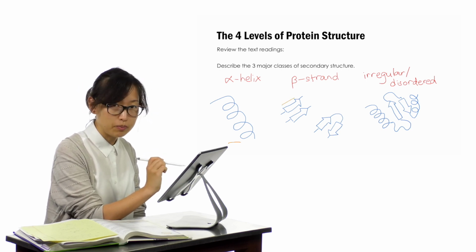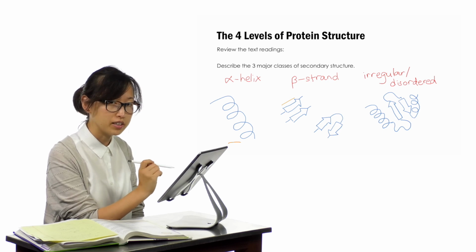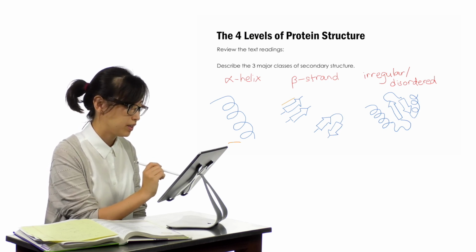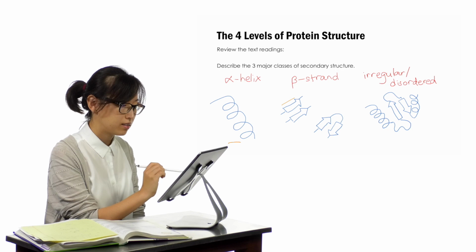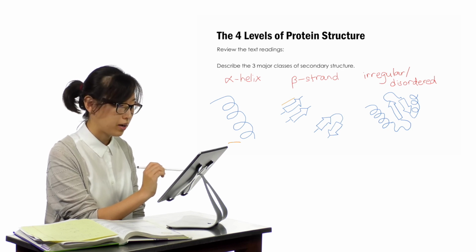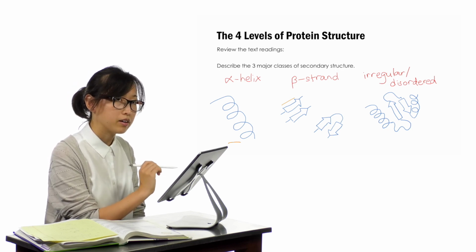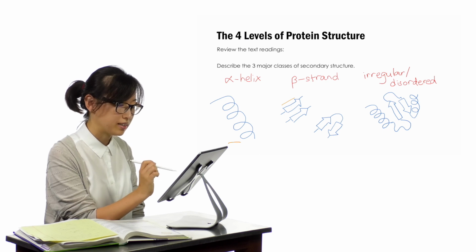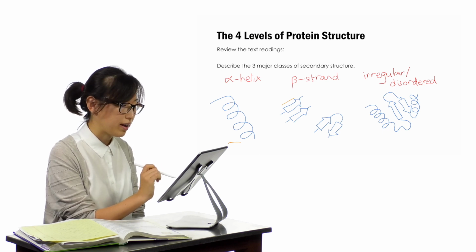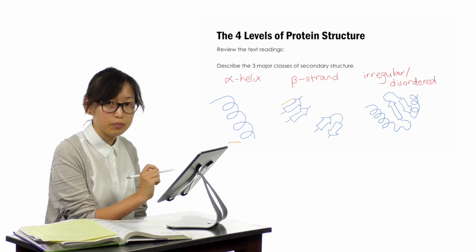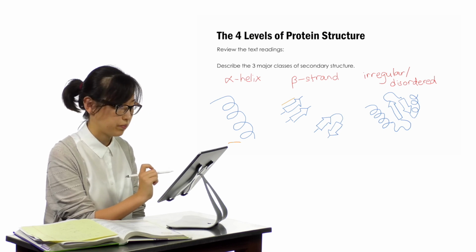When you have two of them or more, you can start to call it a beta sheet. And you can say that the beta strands are parallel if they are forming in the same direction, or anti-parallel if they point in opposite directions.